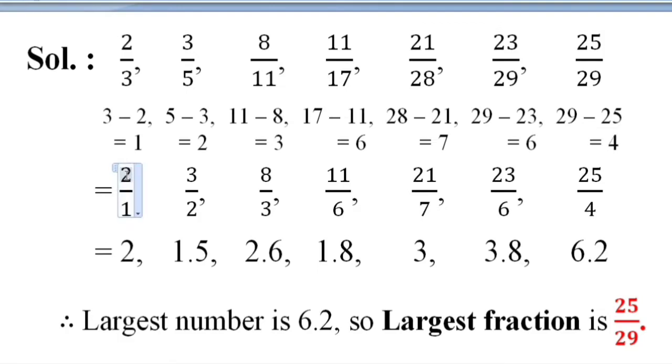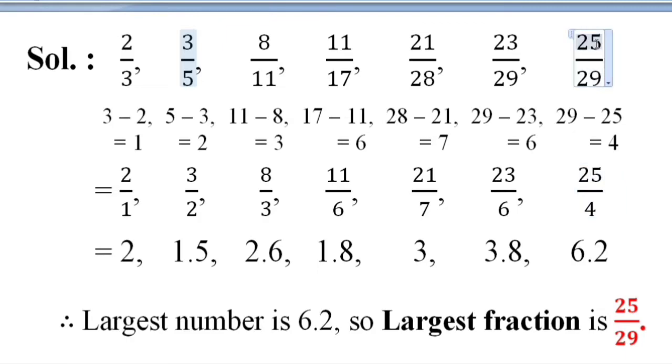Now divide each numerator by the difference: 2 by 1, 3 by 2, 8 by 3, 11 by 6, 21 by 7, 23 by 6, 25 by 4.